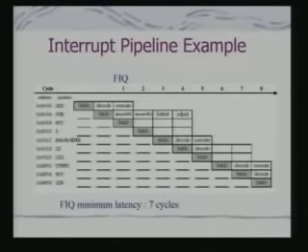Let us see what happens when an interrupt occurs in the pipeline case. So, I am executing an instruction, and I have shown here at this point that FIQ occurs. If FIQ occurs at this point, then this instruction will be executed, but the next instruction will not be executed. This has already been fetched, and these are the different processing steps which would take place.